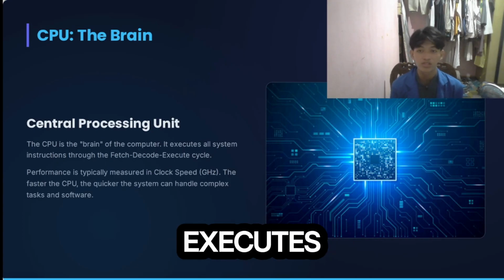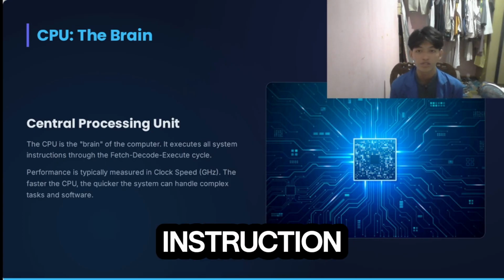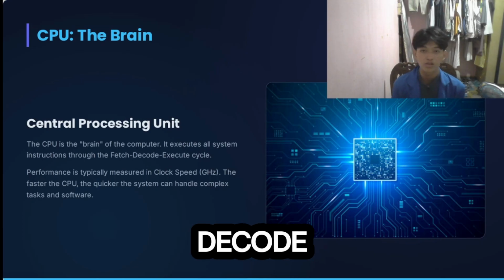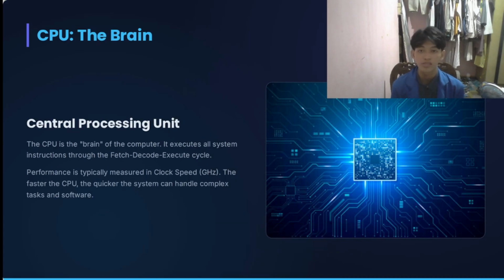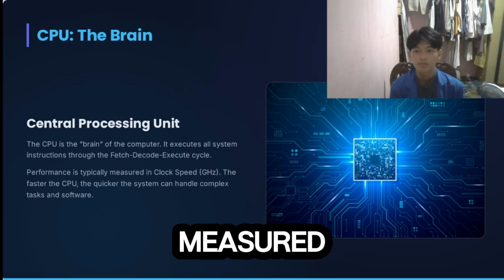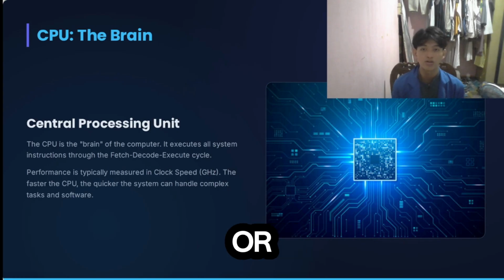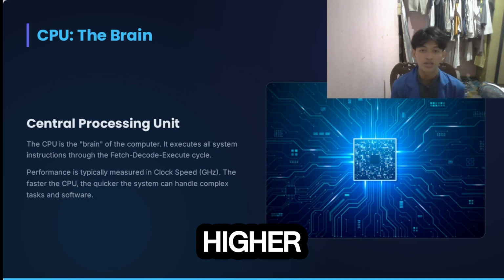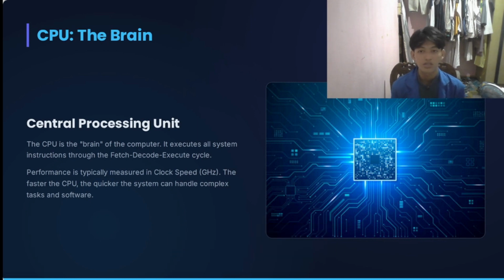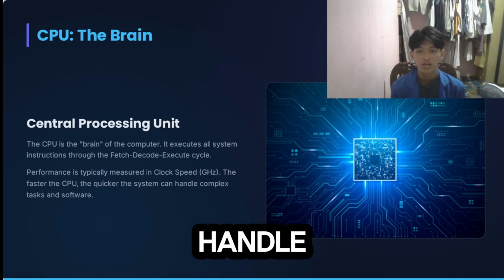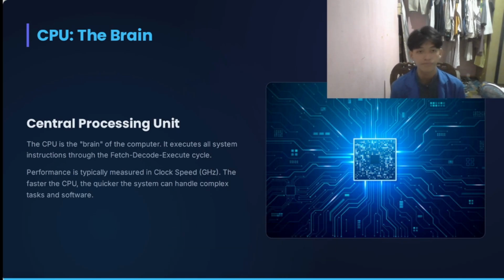It executes system instructions through the fetch, decode, execute, and store cycle. Its performance is measured in clock speed, or gigahertz. The higher the gigahertz, the faster it can handle complex software.